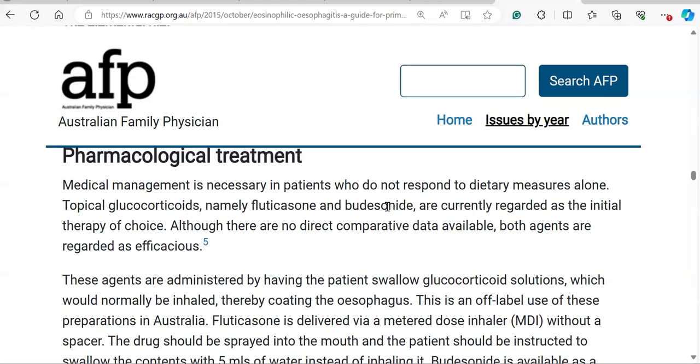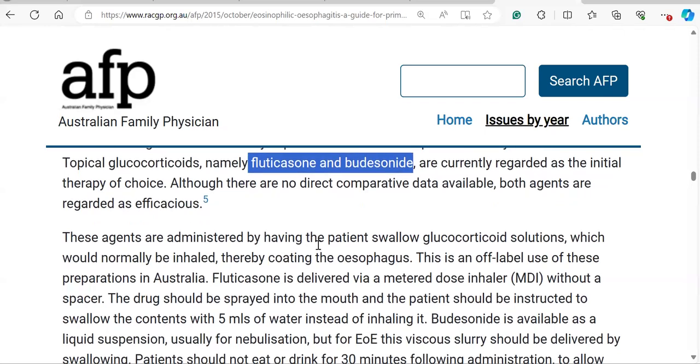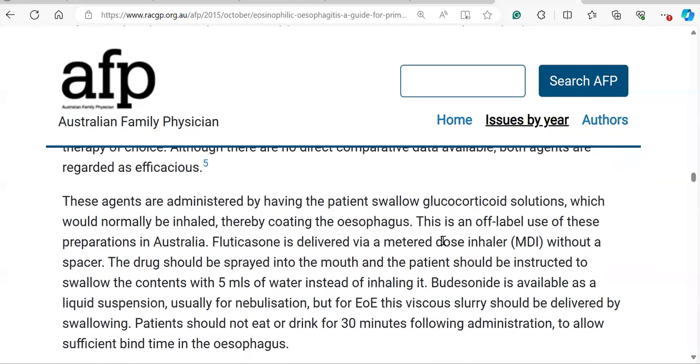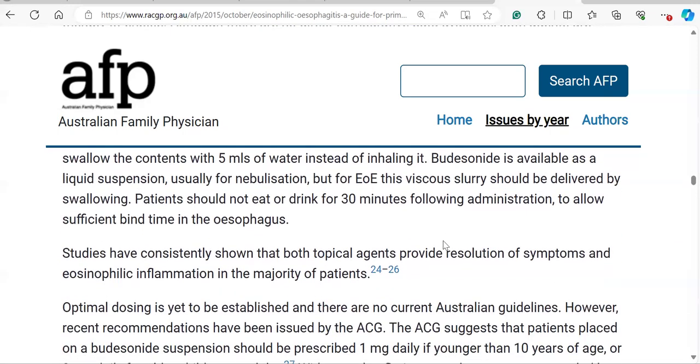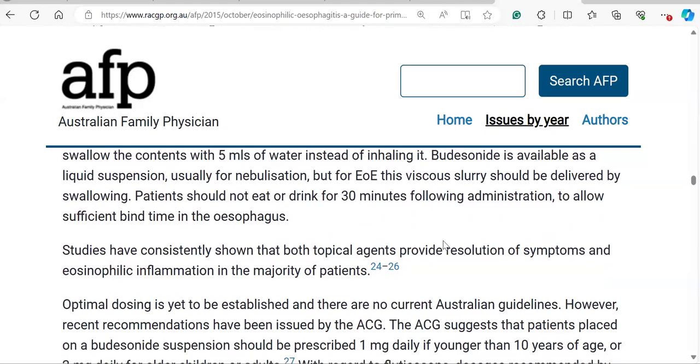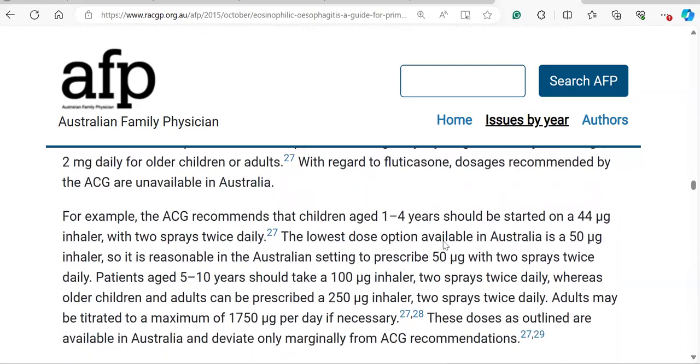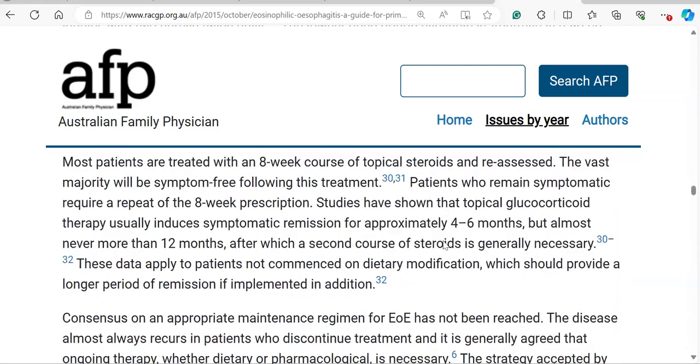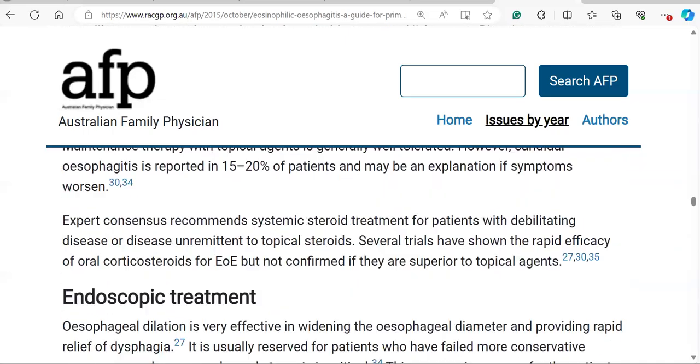Topical steroids, fluticasone and budesonide, are the initial treatment of choice, and these are given by the patient swallowing the steroid solution. Okay? So it is called topical steroid aerosol. The patient will swallow this steroid. And that's mainly the treatment.